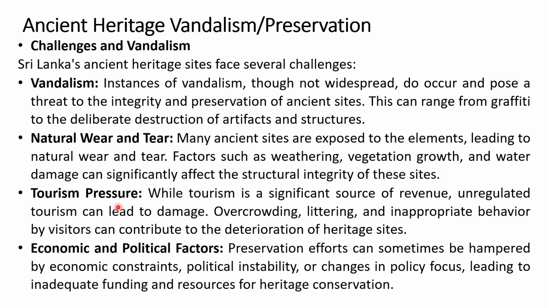Then tourism pressure. While tourism is a significant source of revenue, unregulated tourism can lead to damage, overcrowding, littering, and inappropriate behavior by visitors, which can contribute to the deterioration of heritage sites. Now, here this is not only foreign tourism, but local tourism as well. Now, just think about some long weekend.